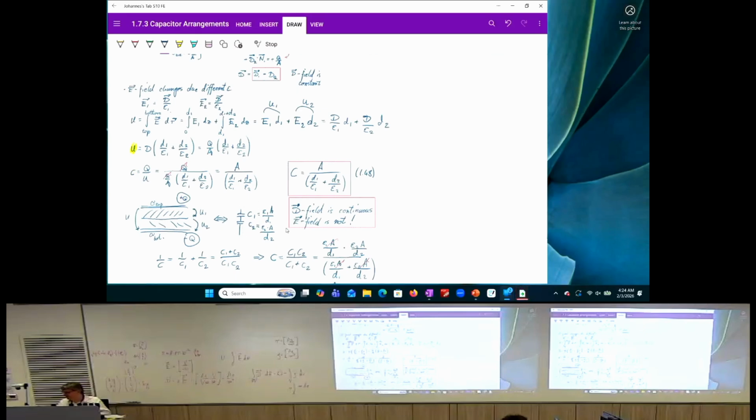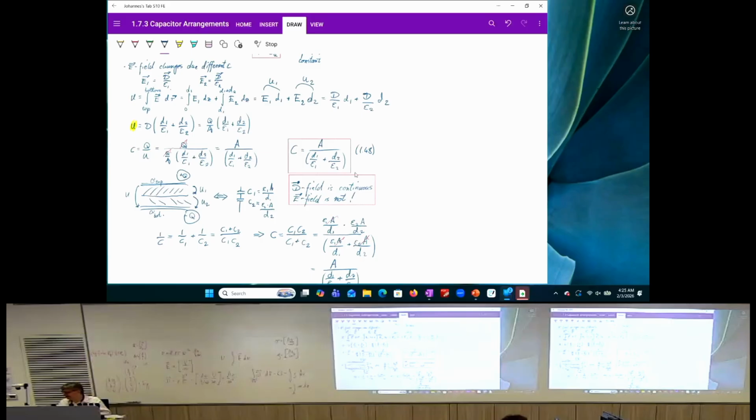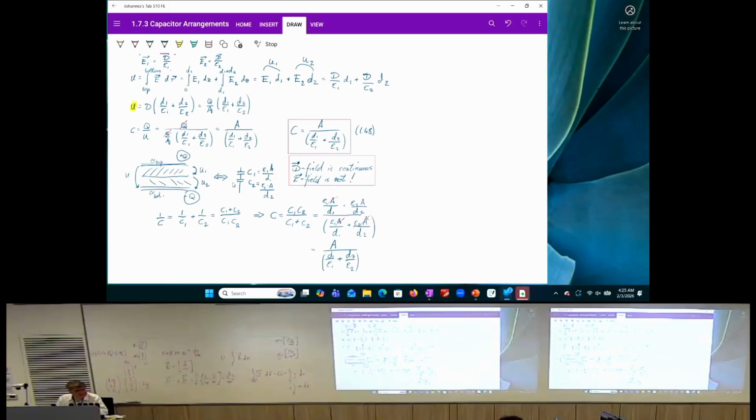If we use that, it gives us identical results. This verifies that this is a valid equivalent circuit model for this parallel plate capacitor with two fillings stacked on top of one another. Do you have questions?